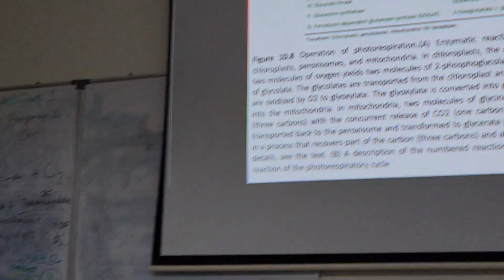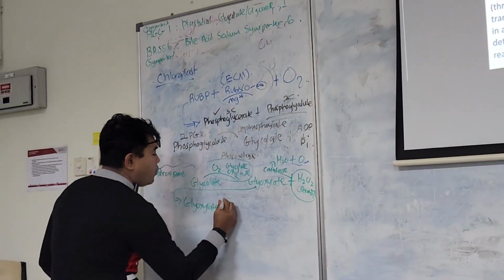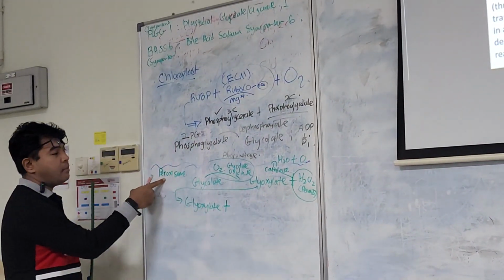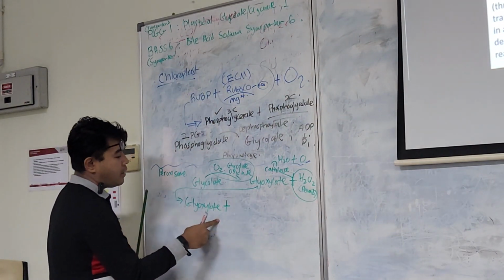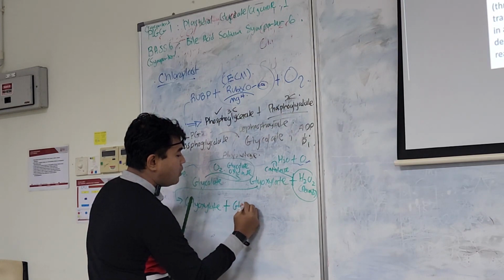So what happens to glyoxylate now? So this glyoxylate, it will now react. Remember, you are still in peroxisome, okay? Glyoxylate now reacts with an amino acid called glutamate.